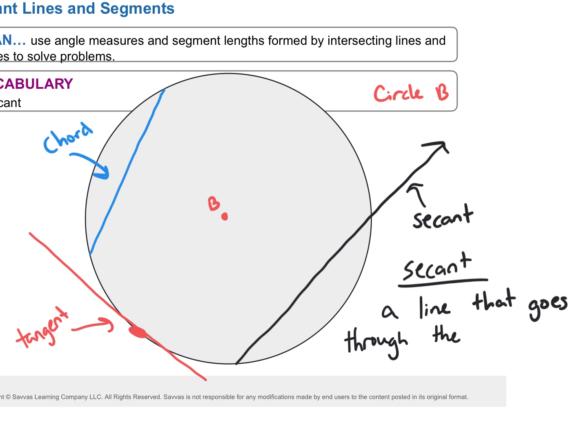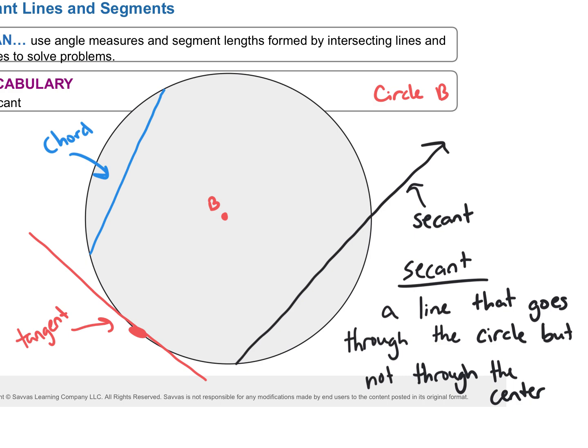Nope, sorry, not through the center, through the circle, but not through the center. What I want you to understand with secant lines is, yes, they can sometimes go out of the circle both ways. Okay, that's also a secant line, but most of the secant lines we're going to see today have one endpoint on the circle, and then the other side goes through.